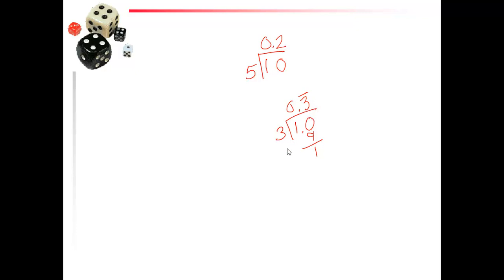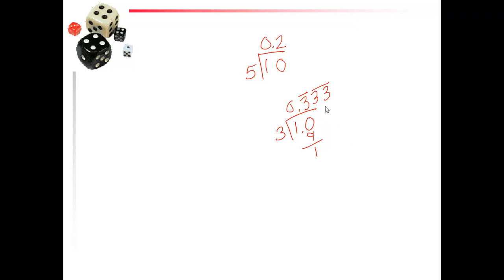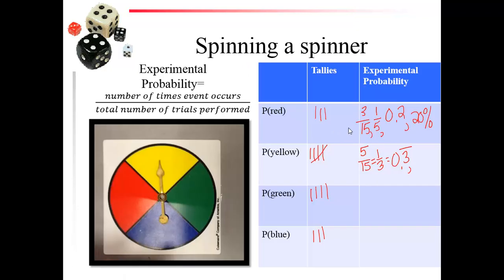So if we want to use that, we can just keep adding a bunch of 3's. That's what's going to happen. So we can show that 0.3 with the repeat sign over it. And as a percent, if I move that decimal twice or multiply by 100, I end up with 33.3%. And I'll put that repeat sign because it does keep repeating.